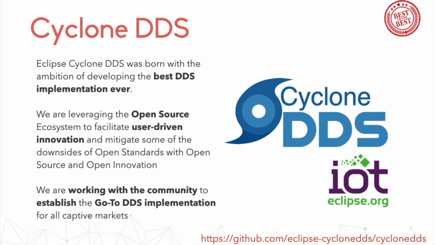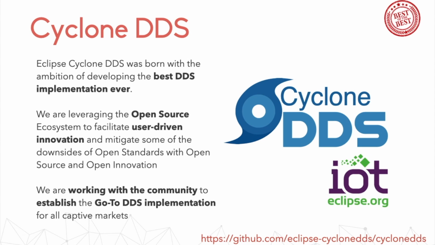What we wanted to do with Cyclone is capitalize on everything we have learned in these 20 years, and on the new developments in hardware, networks, and application domains, and start from scratch to build the best DDS implementation ever, and to do it completely in the open, working with the community.